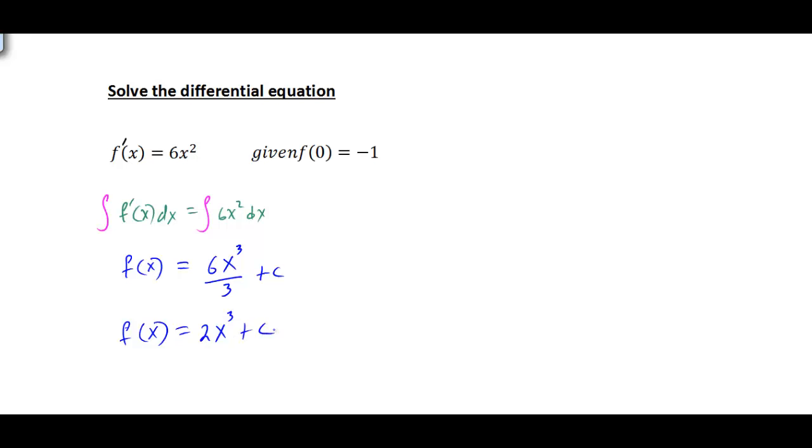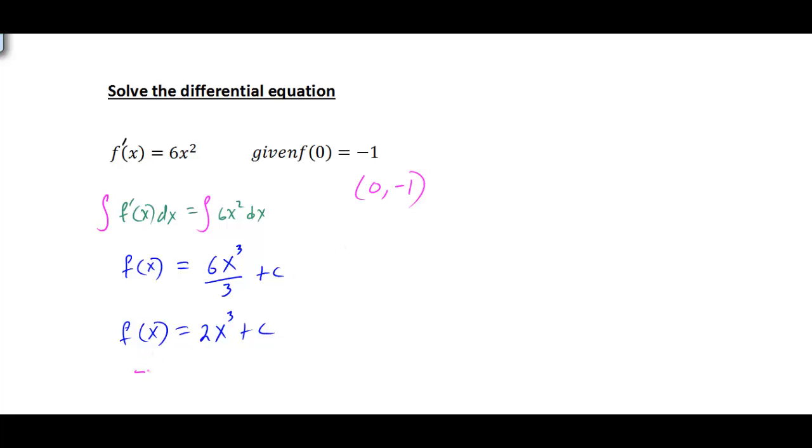And this here is the general solution. But if we use this given information here where f of 0 equals negative 1, and keep in mind when we say f of 0 equals negative 1, that simply means that when x is 0, our y value is negative 1.